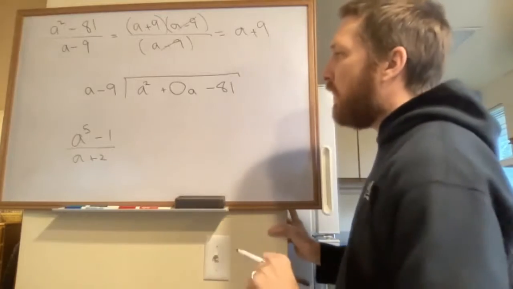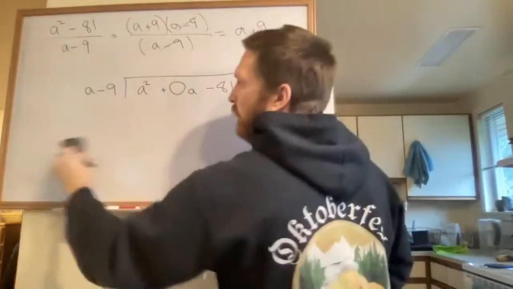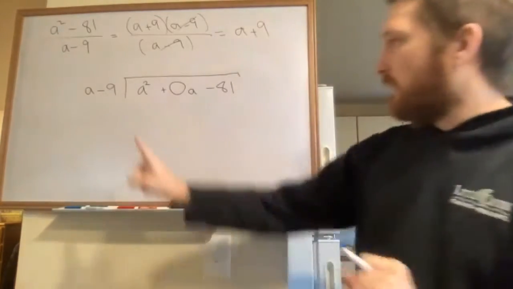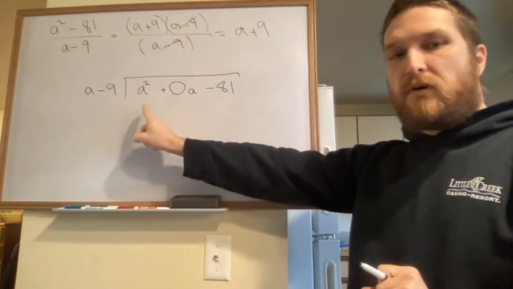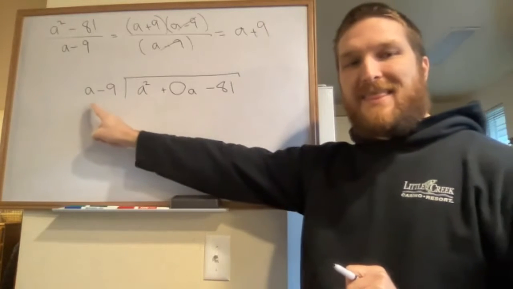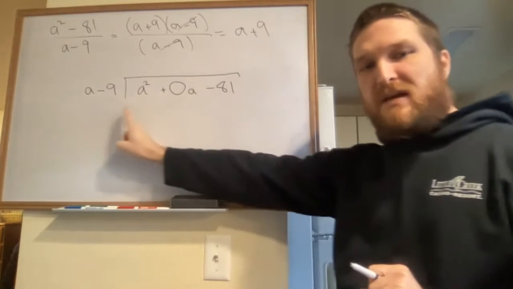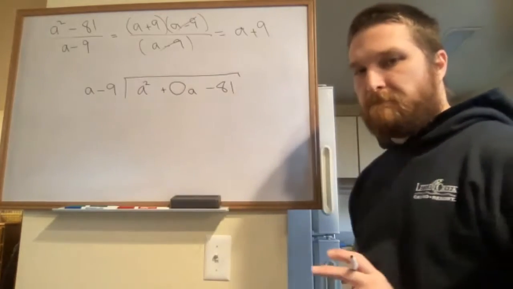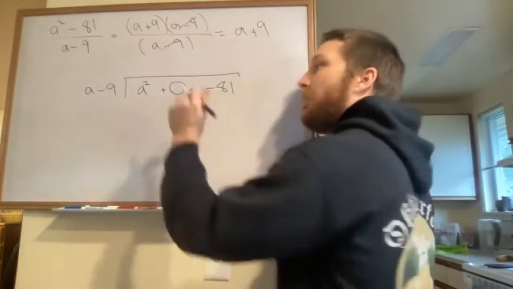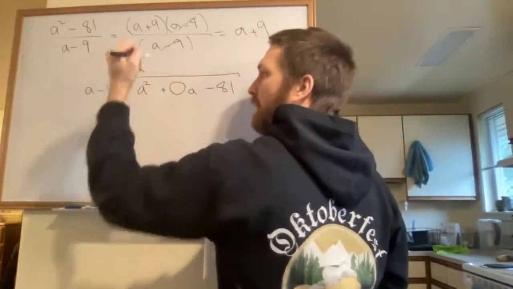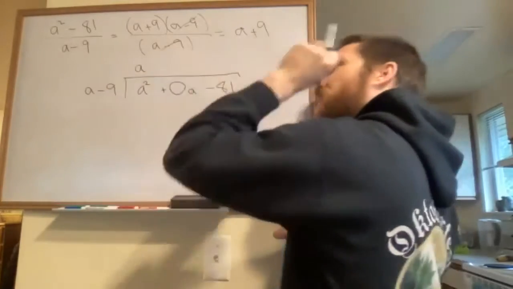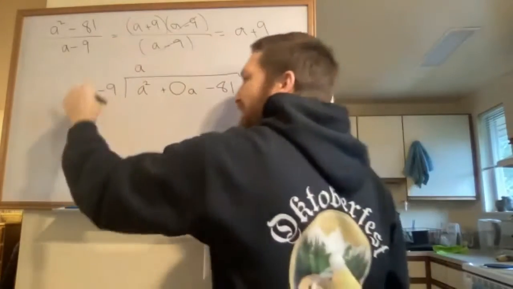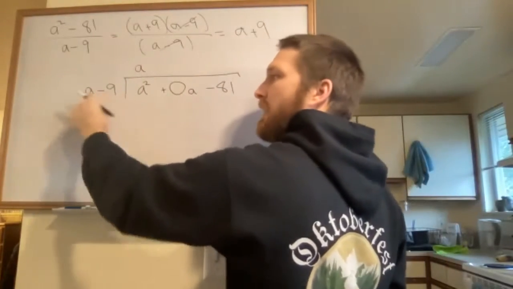Okay, so what number do I need to multiply this guy by to give me this guy? A. So I'm going to put an A right here. Now I'm going to distribute that A into this polynomial right here.